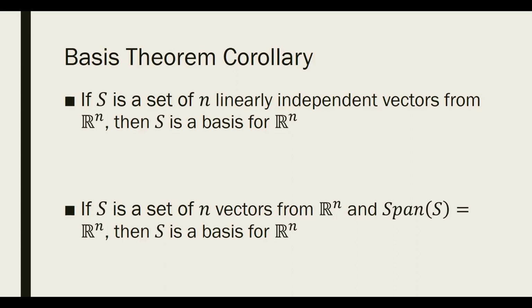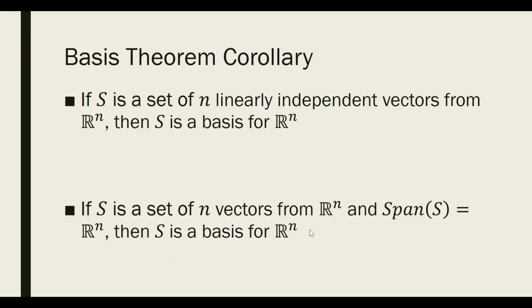We had this set. When we row reduced it, we saw that we had 3 pivot columns. That meant things were linearly independent. Therefore, we knew it was a basis. Or if I had looked at it the other way, when I row reduced, we had a pivot in each row.